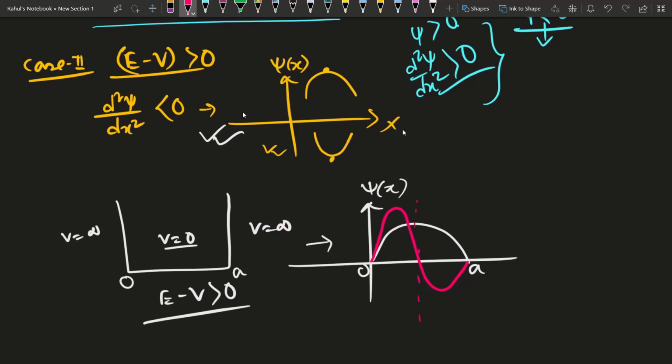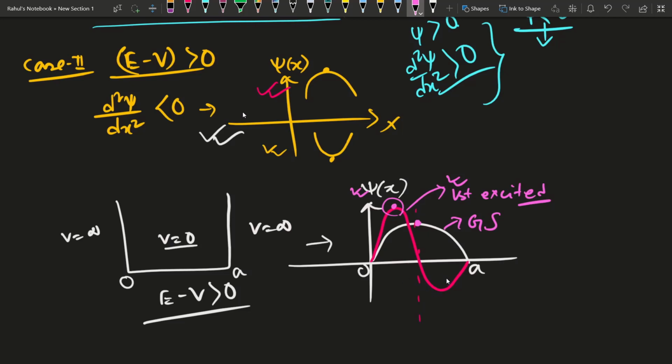Now let us justify this. We have discussed that above the x-axis, the wave function will always have a maxima. Yes, that is correct. Here we have a maxima for the ground state, and for the first excited state also, in the region where psi of x is greater than 0.